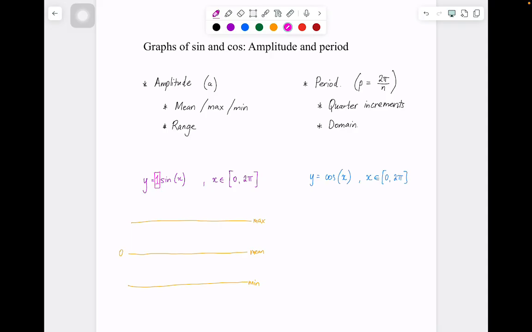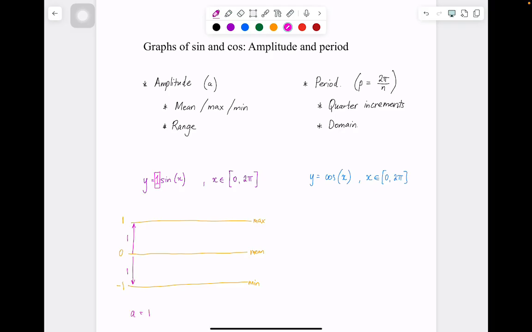So usually we have the mean line, which begins at a value of 0. But from there, the amplitude will go up and down to our max line and our minimum line. Now these amounts here will be equal, so we want to space them out in between nicely, like so.